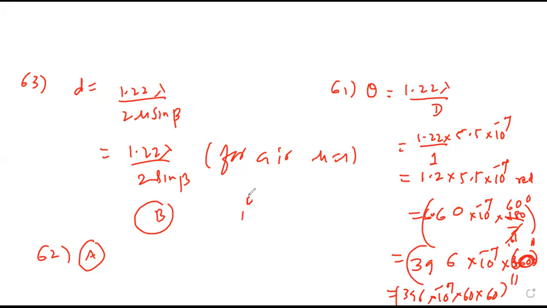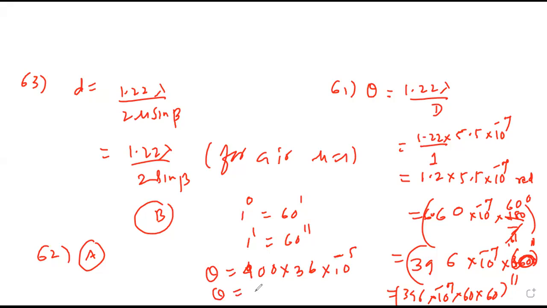Here I'm writing: 1 degree is 60 minutes, 1 minute is 60 seconds. So the final answer becomes 0.396. You can take approximately 400 into 36 into 10 raised to minus 5.